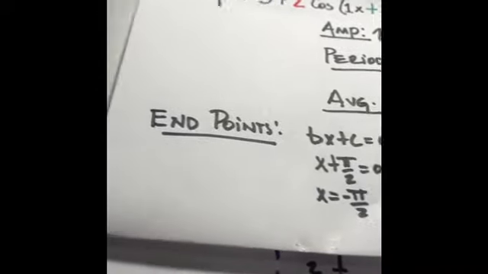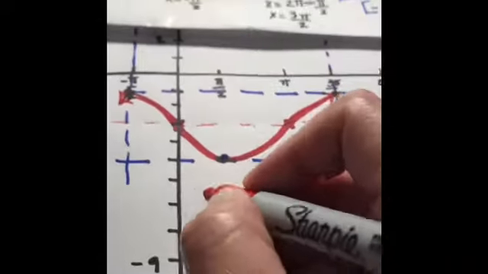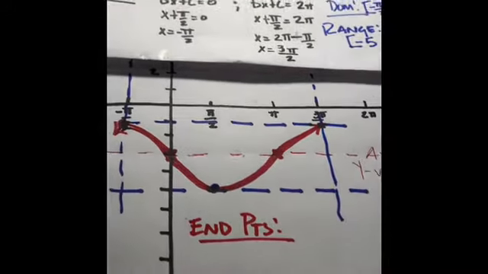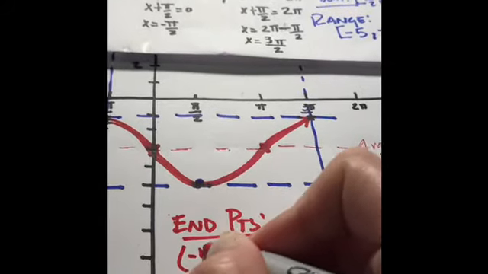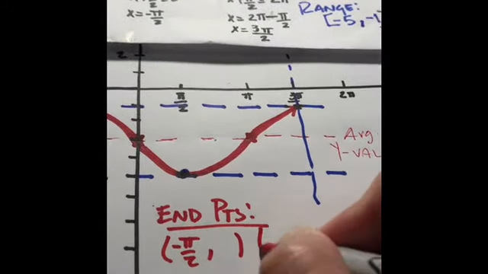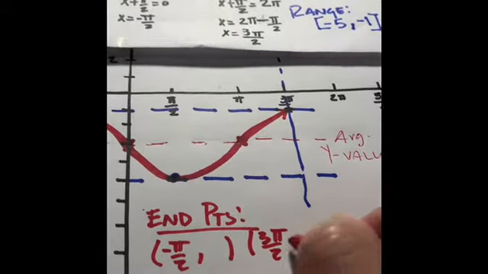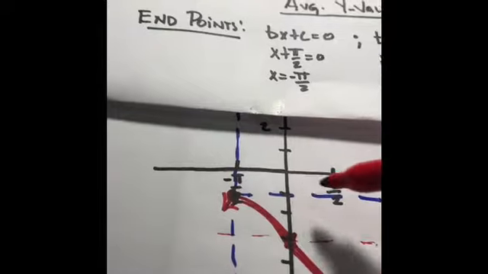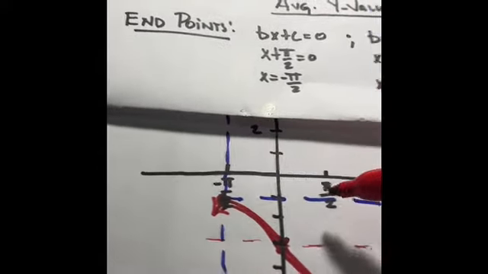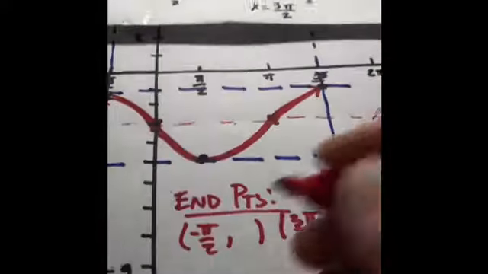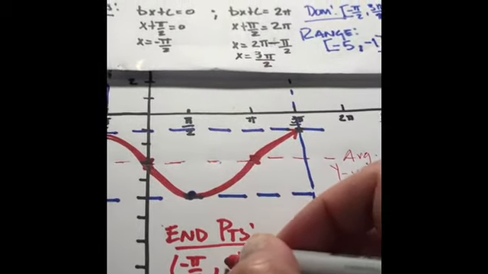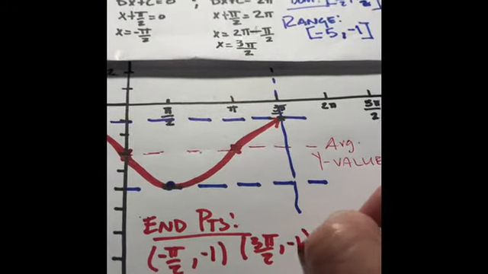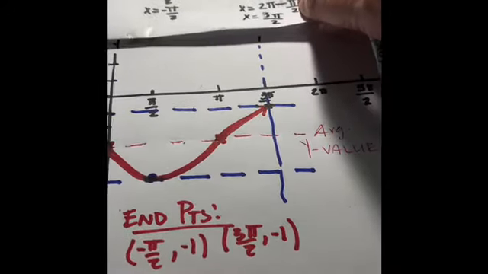So the complete coordinates of the endpoints are going to be minus pi over 2 comma something and 3 pi over 2 comma something. That something is the y value. So minus pi over 2 is at a height of -1, and the same thing with the other point. So the endpoints are minus pi over 2 comma -1 and 3 pi over 2 comma -1. And this would be our complete example.